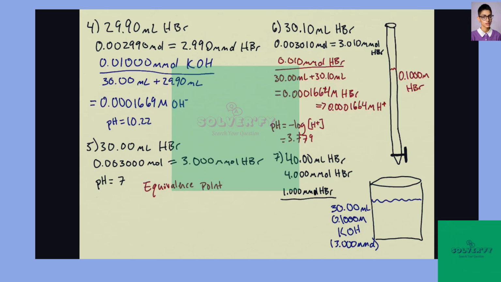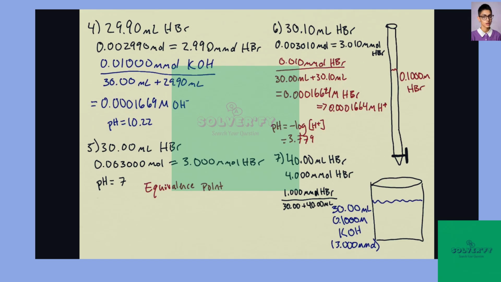This is in a solution of 30 plus 40 milliliters. So we end up with 0.01429 molar H+. And this gives us a pH of 1.845.